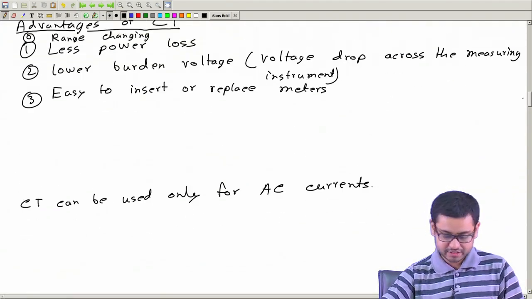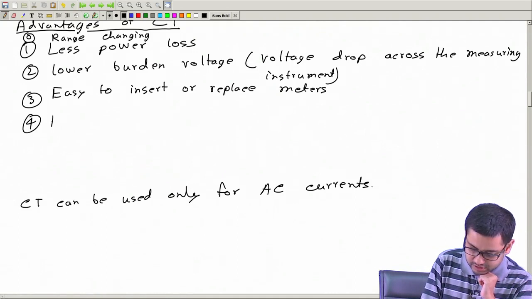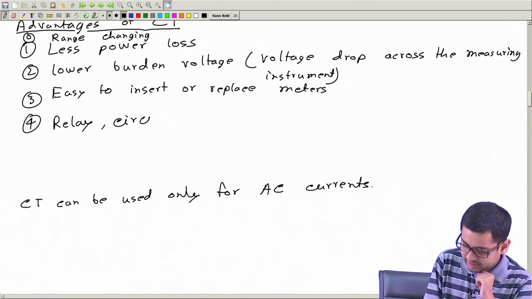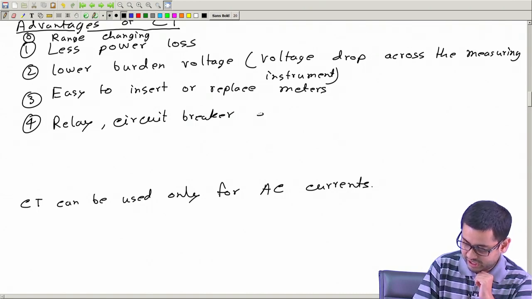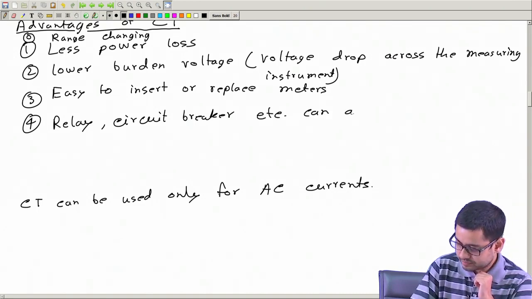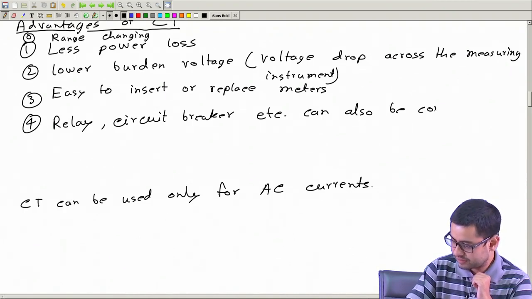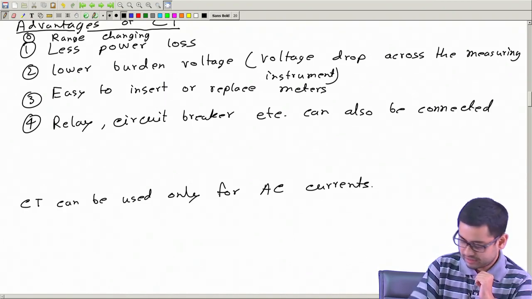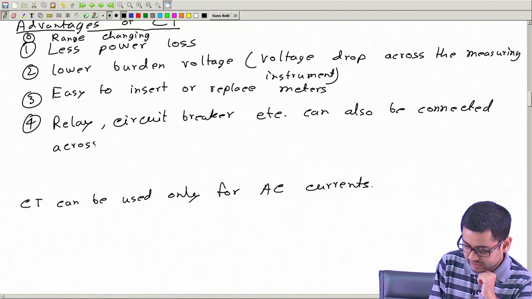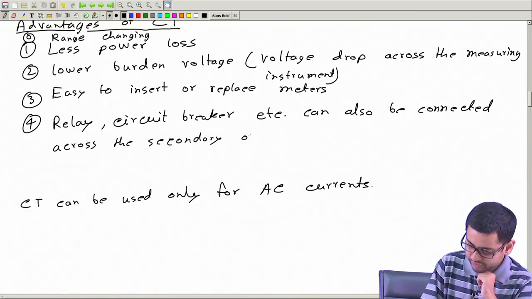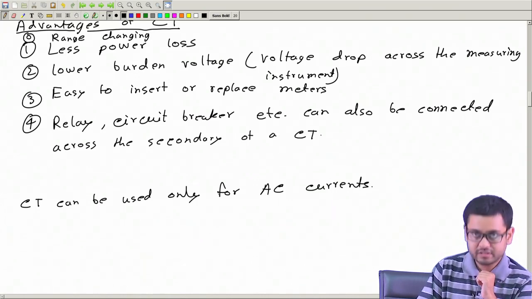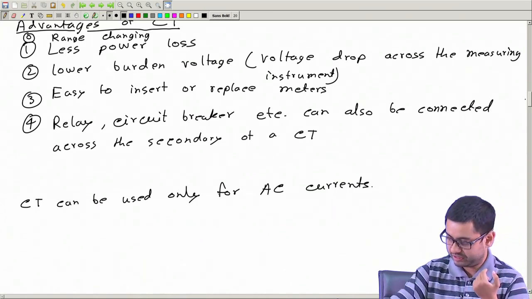So let's also write: relay, circuit breaker, etc. can also be connected across the secondary of a CT. So, you can connect actually multiple things together.